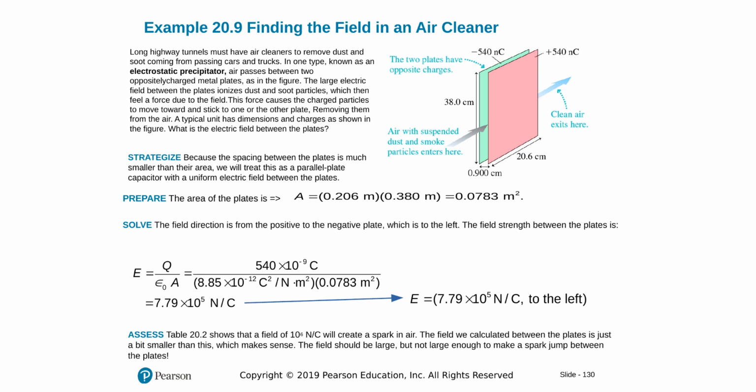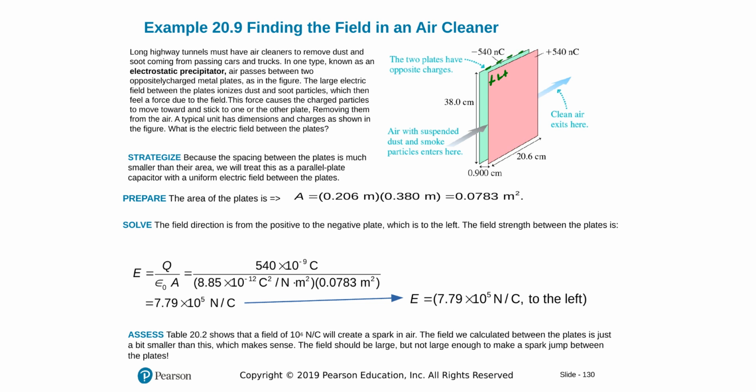This question here is talking about an electric field inside a parallel plate capacitor. This is actually used in long highways, tunnels, to clean the air. What they do is they charge the dusts, and they have parallel plate capacitors here. One is positively charged, one is negatively charged.